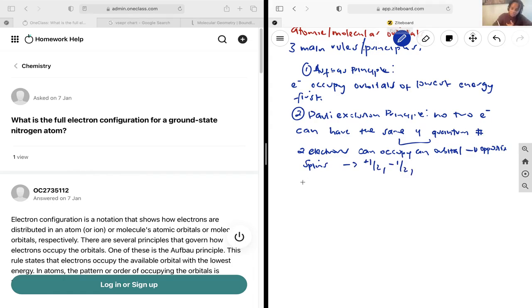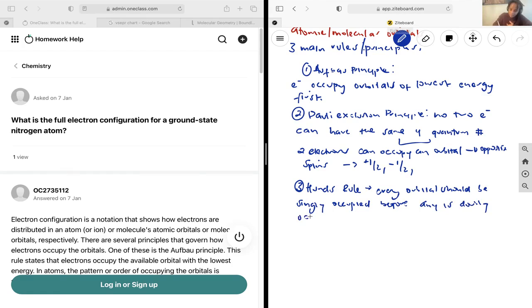And then the last one is Hund's rule. That one states that every orbital should be singly occupied before any is doubly occupied. This is just to minimize the energy, because let's say we have 3 orbitals like this.